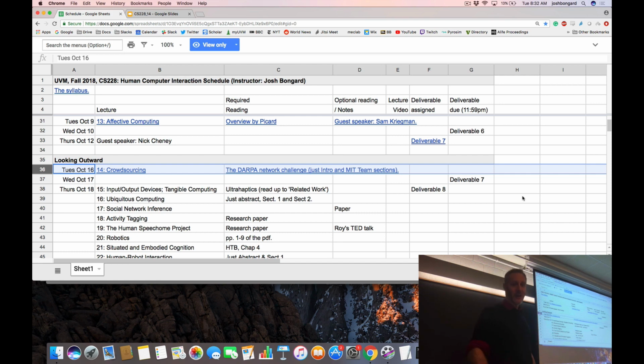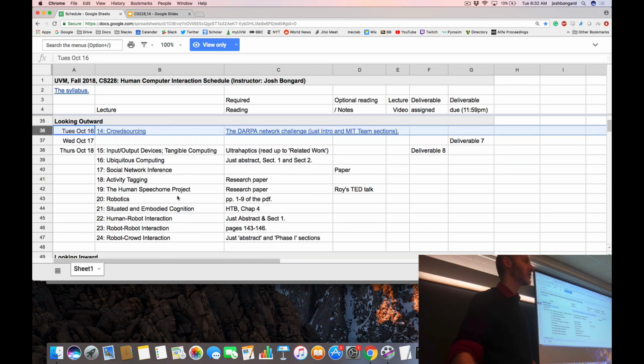In this theme on looking outward, our starting point is the traditional person working with their laptop or interacting with their phone: one person, one machine, in a pretty controlled environment. What happens when we start to complicate that HCI loop that we looked at the beginning of the semester? You make a prediction about what you think the machine is going to do. You perform an action. You push against the machine.